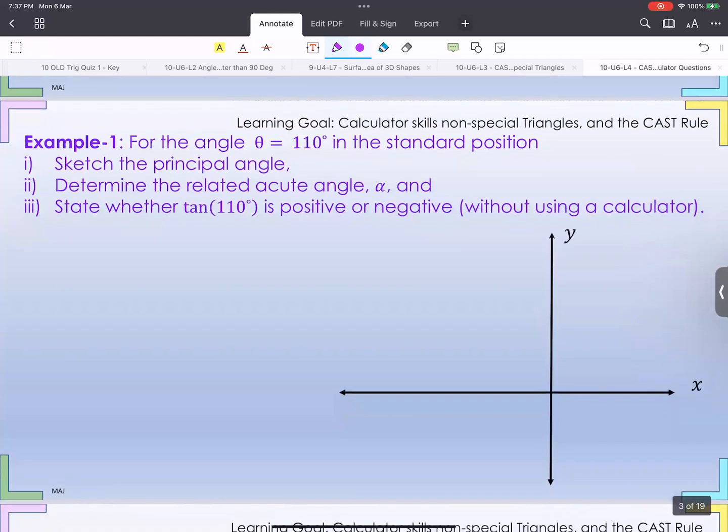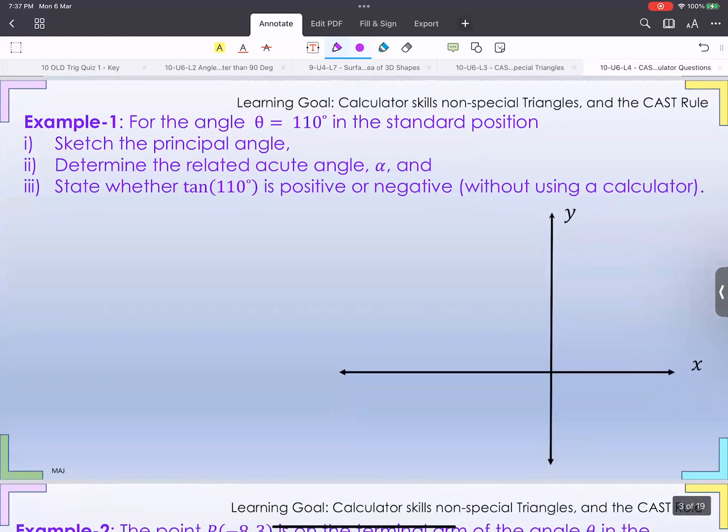Now, for the very first example, it's pretty straightforward, right? We're not doing anything too much new over here. It's just like a segue into the next question, okay? Except we're not using special triangles, okay? For the angle 110 degrees in standard position.